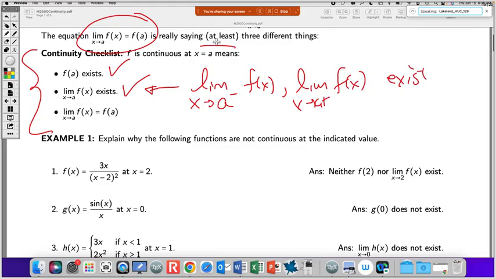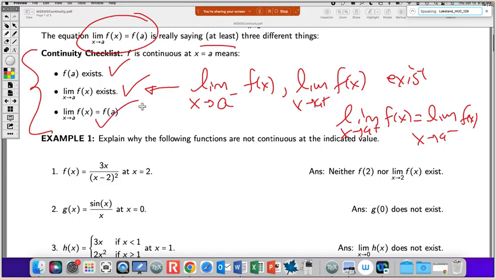This is why I say at least 3 things. For the limit to exist, the limit from either side has to exist, and they have to be what? Equal. So this alone has, I guess, 3 other checkpoints. And then, of course, you got to check they're equal.